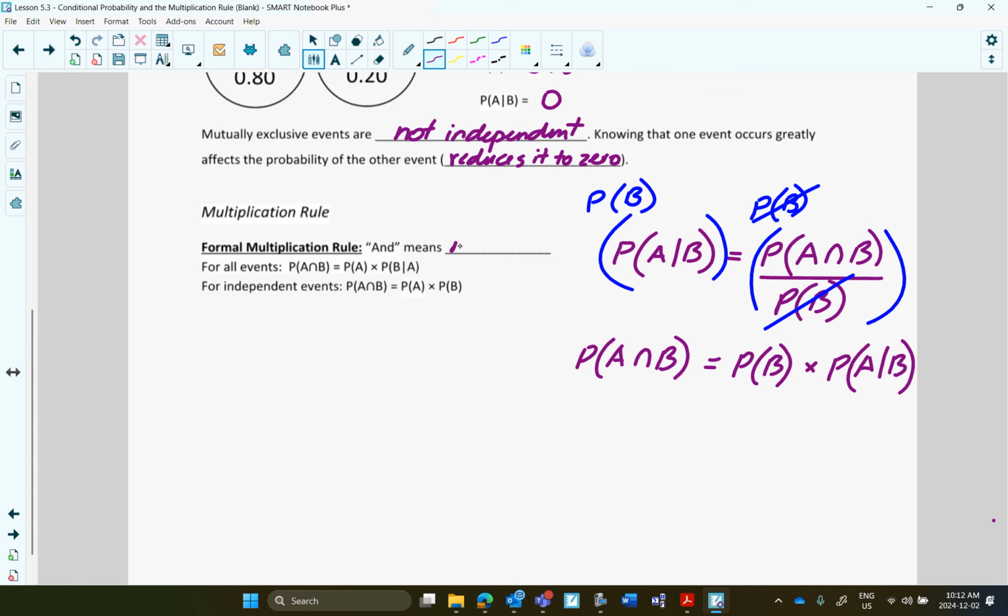Remember, or means add, and and means multiply. This is if they're dependent events. Okay? If they're independent, well, then it's just probability of B times probability of A. That's all it is.